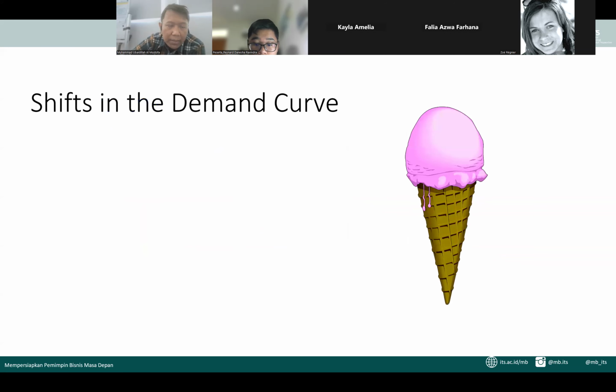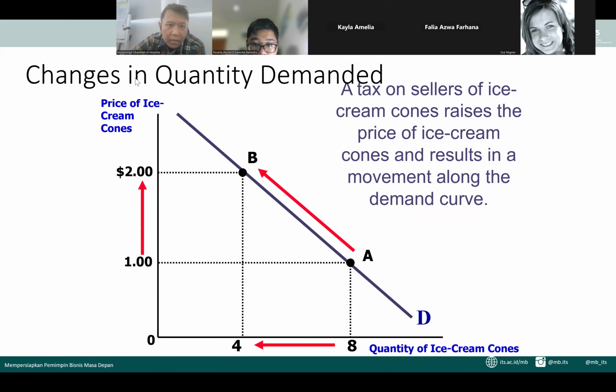For example, we have an illustration here. Before, we are at $1, and when the price is $1, the quantity demanded is 8. But now the government imposes a tax.